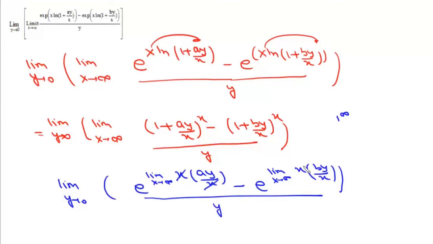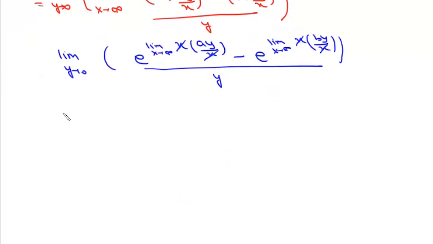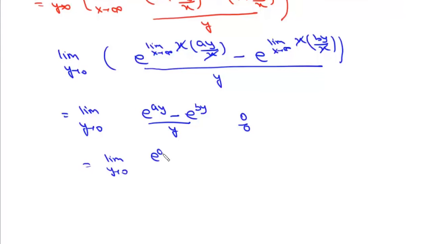Now x and x will cancel, we'll get this as limit y tends to 0 e to the power ay minus e to the power by upon y. Now this is 0 upon 0 form. We can write this as limit y tends to 0 e to the power ay into a minus e to the power by into b upon 1. So the answer to this limit will be a minus b.